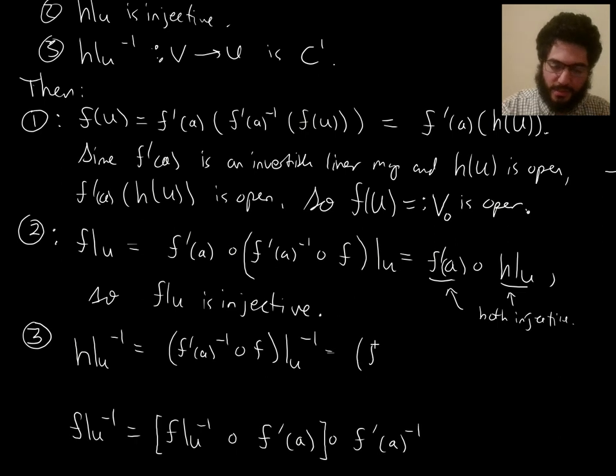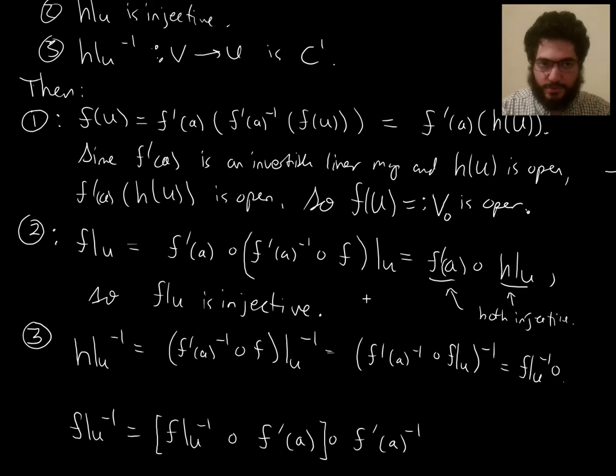Now the restriction can happen inside, like this. And when you invert a composition where both of the functions you're composing are invertible, that works like this. And we've already verified that f restricted to u is invertible.